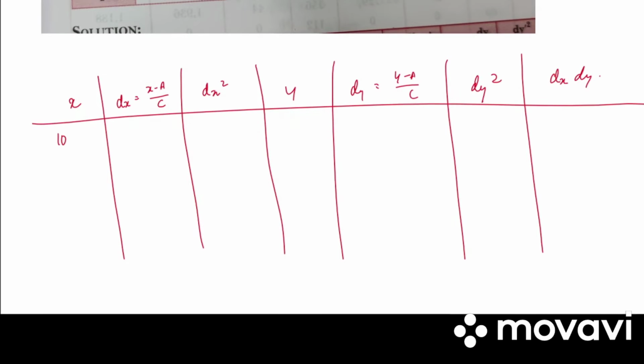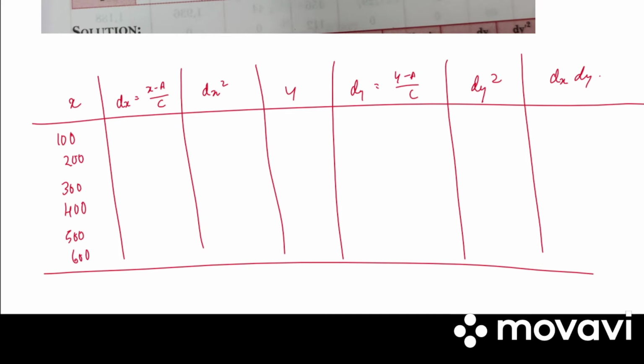So what are the values of x? 100, 200, 300, 400, 500, 600. So assume mean. What will be the assumed mean? Let us assume it is 300. So 100 minus 300 divided by 100 is minus 2. 200 minus 300 divided by 100 is minus 1. 0, 1, 2, 3. Next we have dx square: 4, 1, 0, 1, 4, 9.